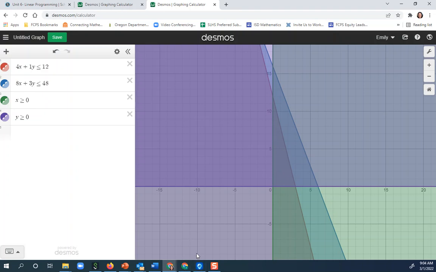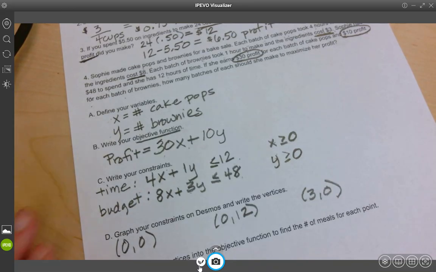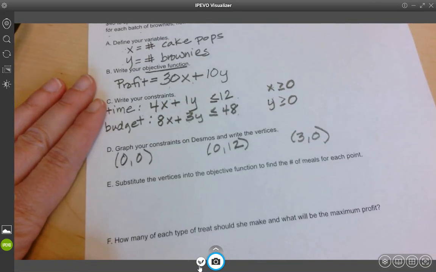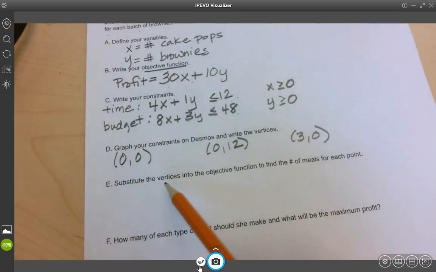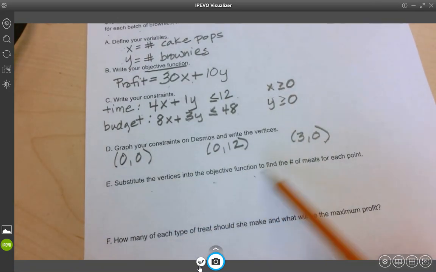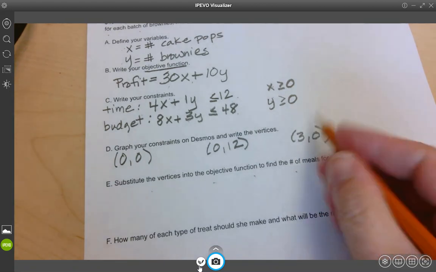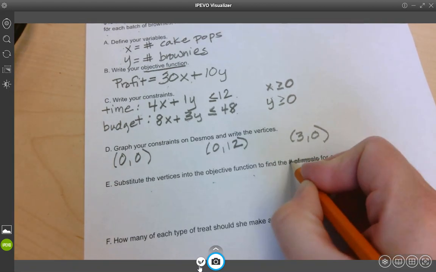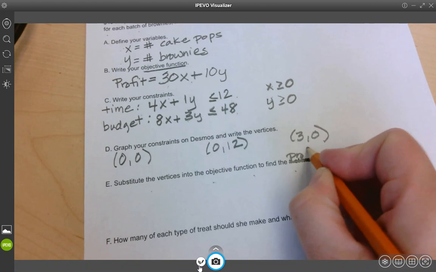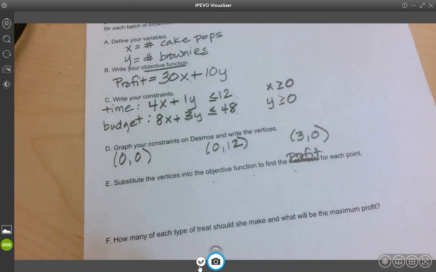Okay, so let's go back to our worksheet. I put those corners that we just found on there, and now it says, substitute the vertices into the objective function to find the profit for each point. This is what happens when I keep trying to change the one from the day before.